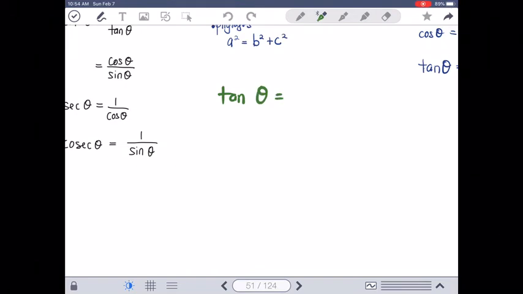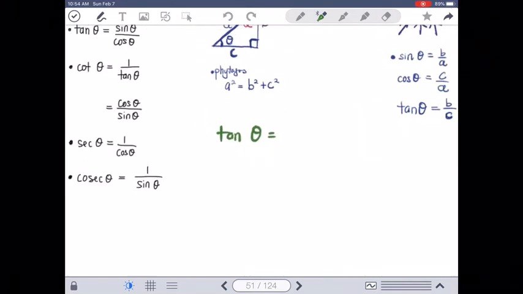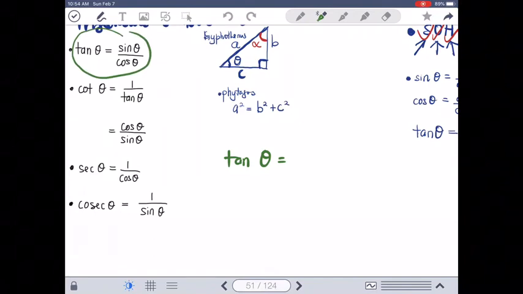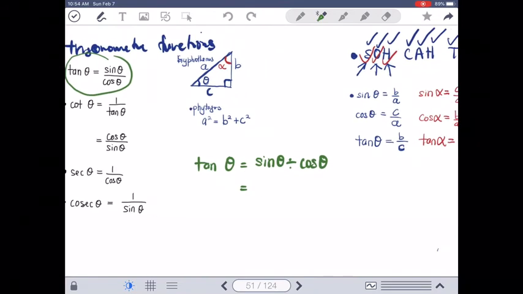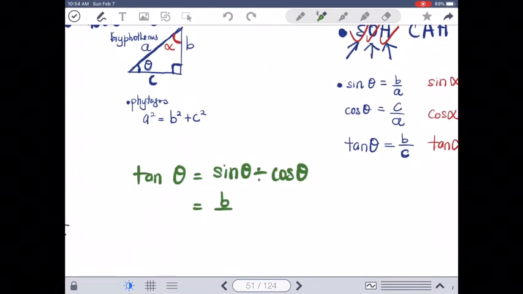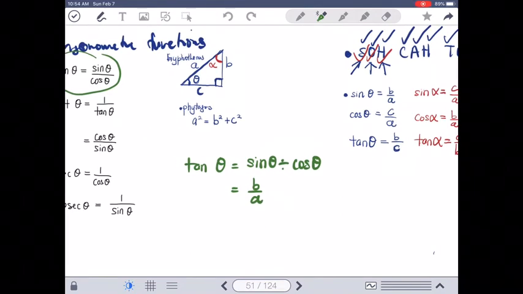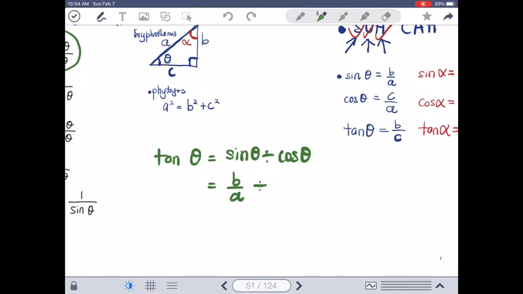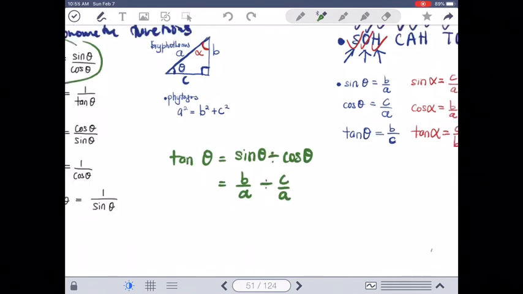Tan theta is equals to sine theta divided by cos theta. We want to prove this is true. Which is just equals to, what is sine theta? B over A, divided by cos theta, which is C over A.